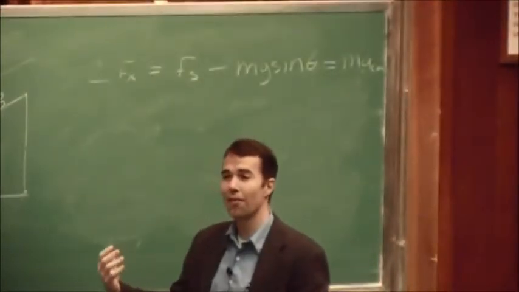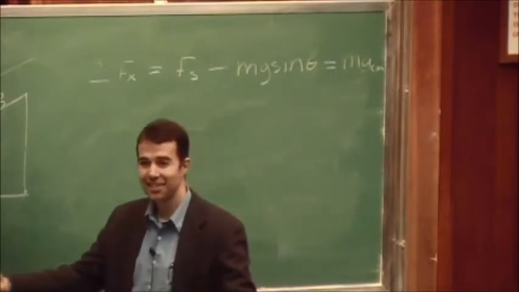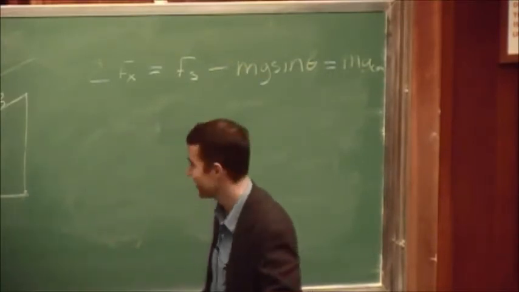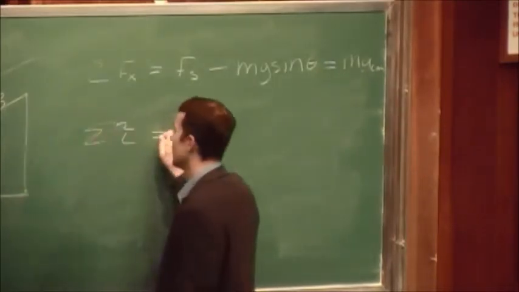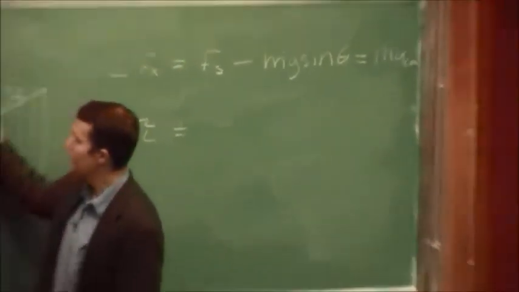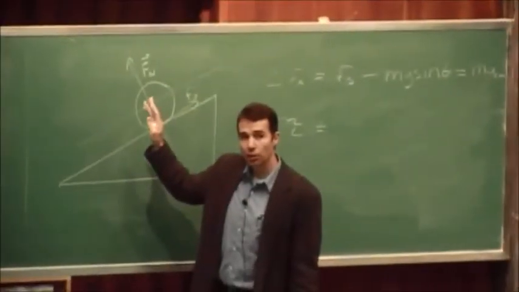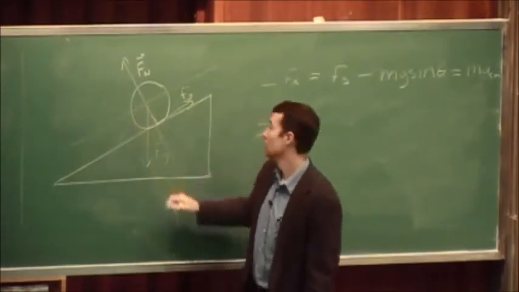How about the sum of the torques? Oh, good, we got it. Okay. Sum of the torques. So now if I look at the torque here, we're still going to consider this rotation about the center of mass.